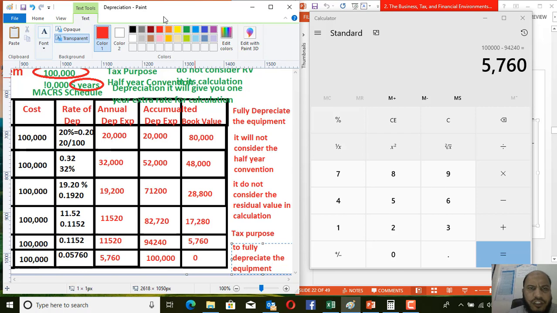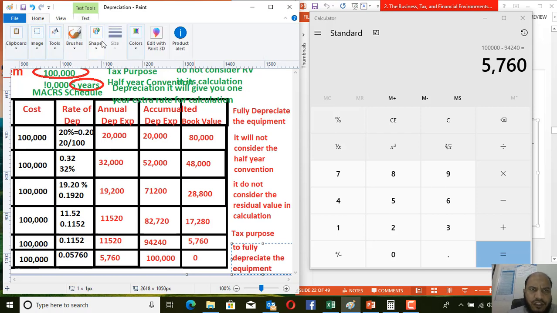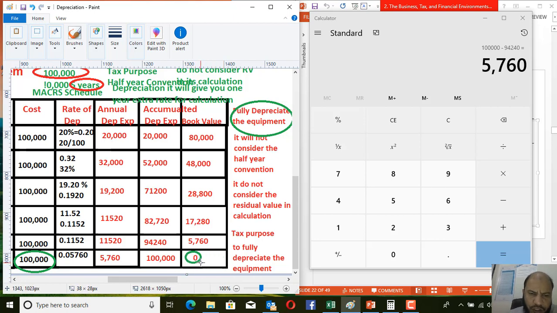So these are some of the characteristics. The first characteristic, dear students, is that it will fully depreciate the equipment. The cost of 100,000 becomes 0, so it will fully depreciate the machinery.